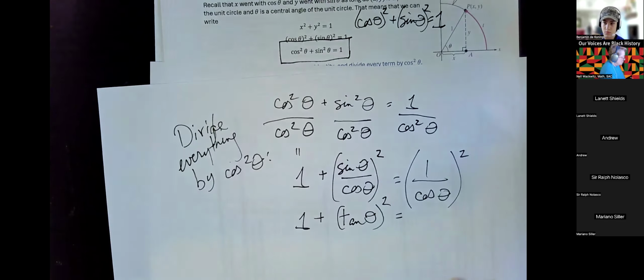What's the reciprocal of cosine? Secant, right? That's right.